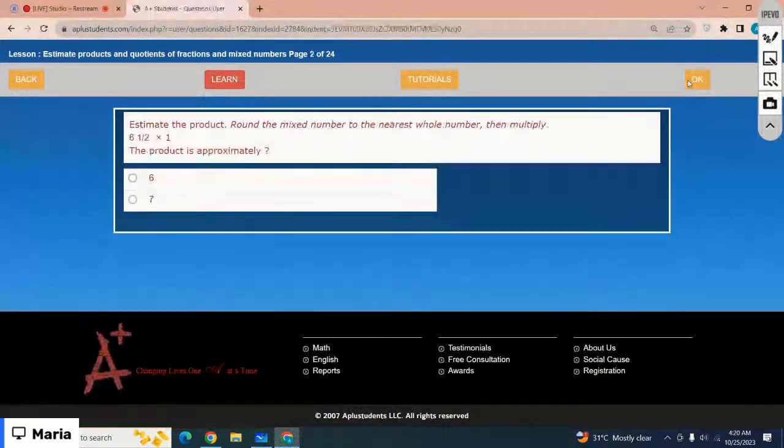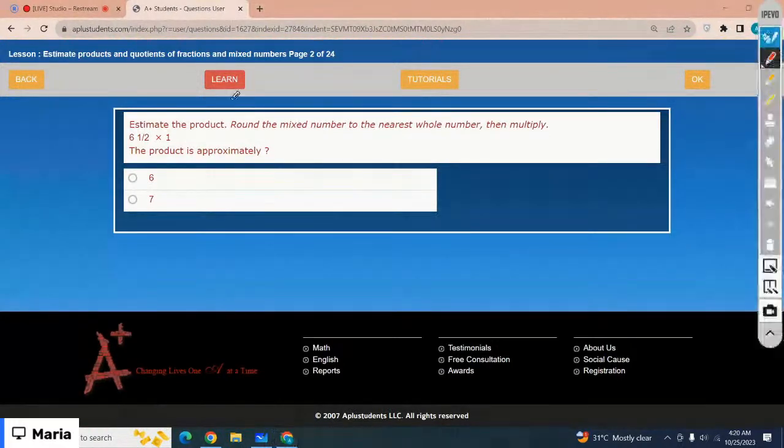Okay, estimate the product. Round the mixed number to the nearest whole number, then multiply. So 6 whole 1 over 2 times 1. Just look at the fractional part. 1 over 2 is equal to 1 over 2, right? That means you round up, that would be 7 times 1.